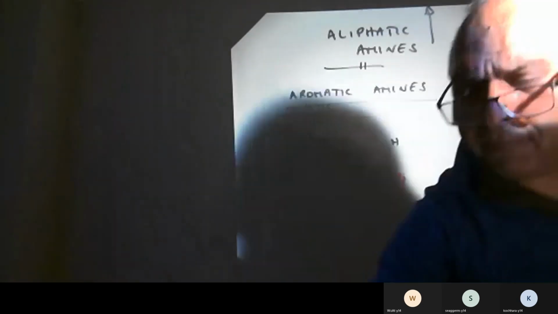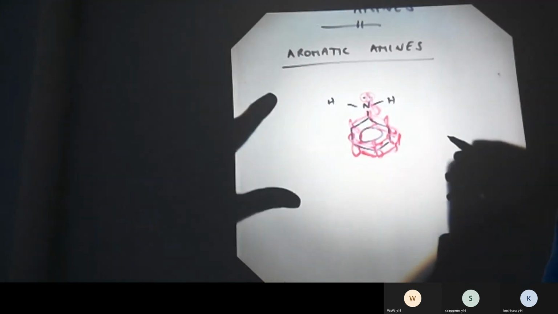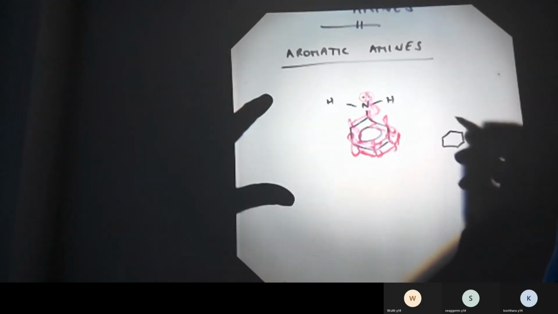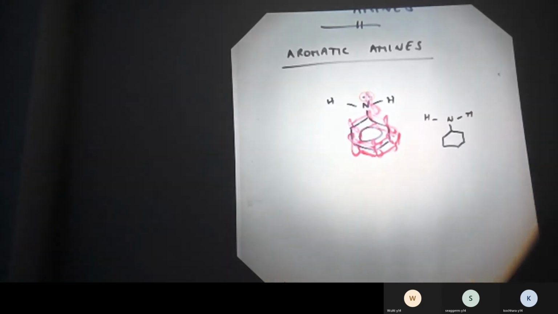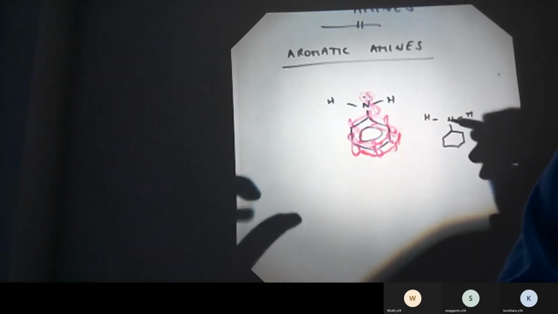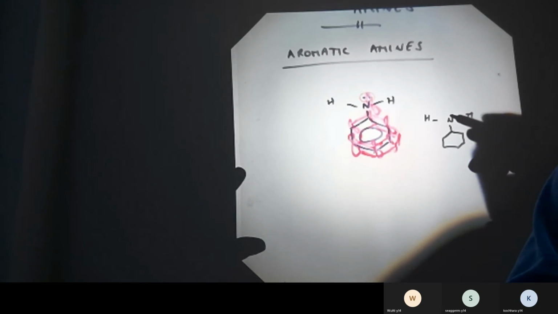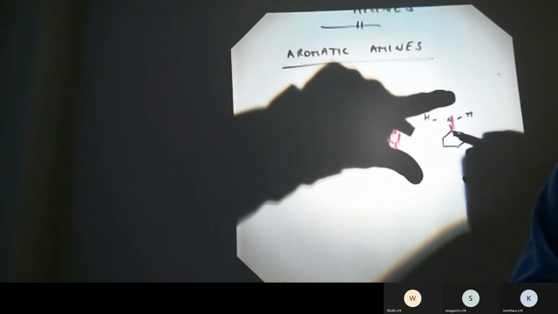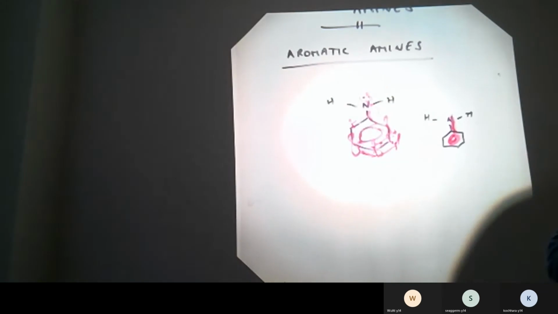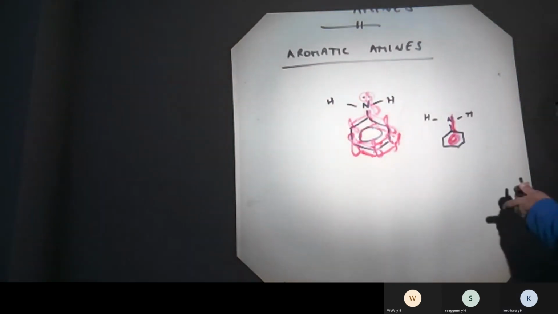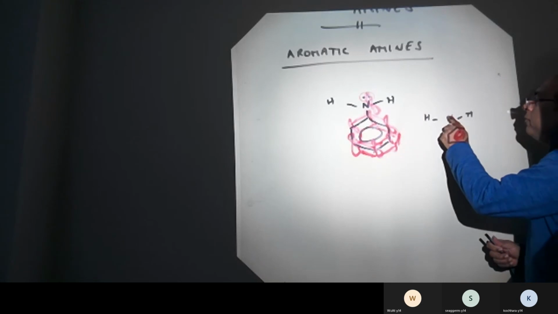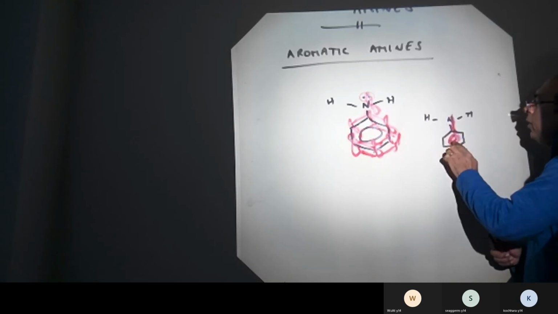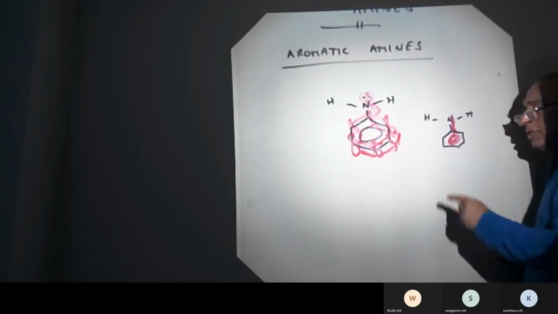It will spread from the benzene ring like that. So the delocalization incorporates the two electrons, and the delocalization spreads across onto the nitrogen.